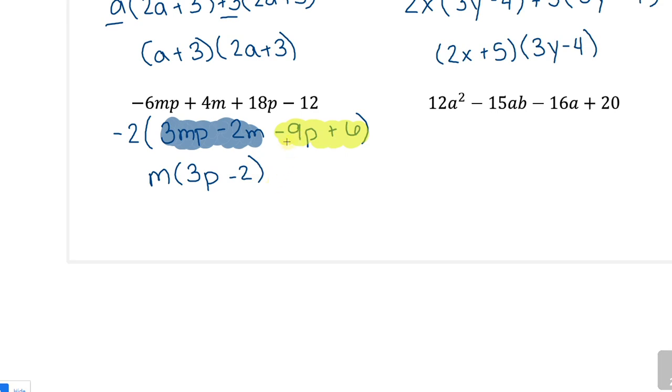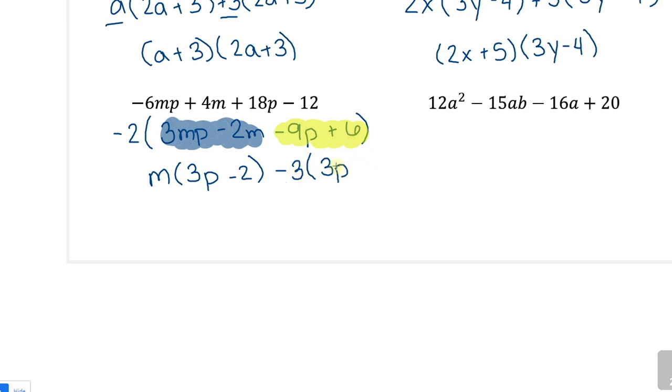Okay, now let's look at the second two: negative 9p plus 6. Our rule of thumb is if the first term's negative, we want to take out a negative. So we're going to factor out a negative, and for 9 and 6, the greatest common factor is a 3. Now let's divide. Negative 9 divided by negative 3 is a positive 3, and we still have a p.